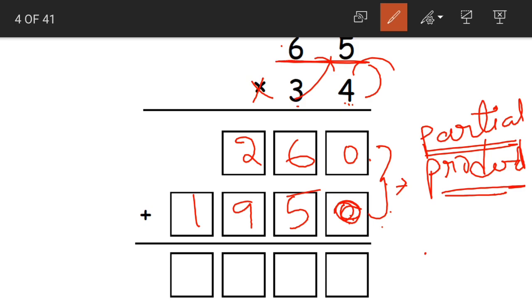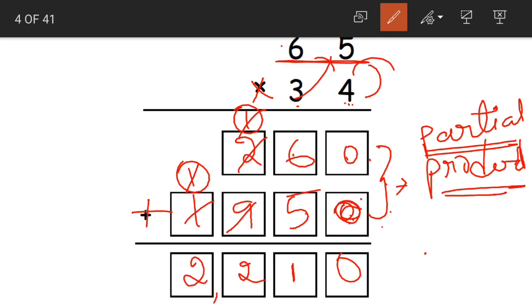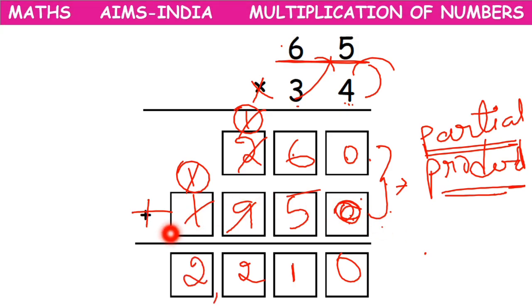Now what to do? We should add these partial products together. 0 plus 0, 0. 6 plus 5 is 11, 1 here, 1 carried. 1 plus 2, 3. 3 plus 9, 12, 2 here, 1 carried. Lastly, 1 plus 1, 2. 2210 is the product of the multiplication.